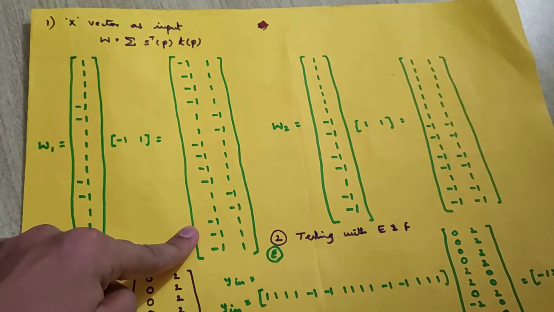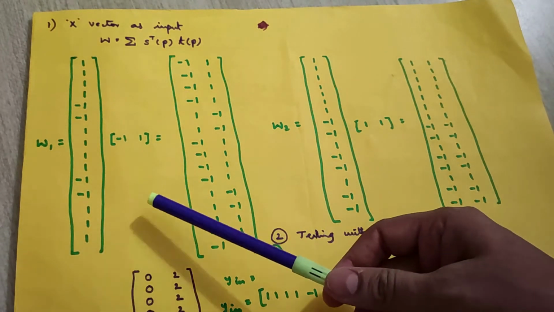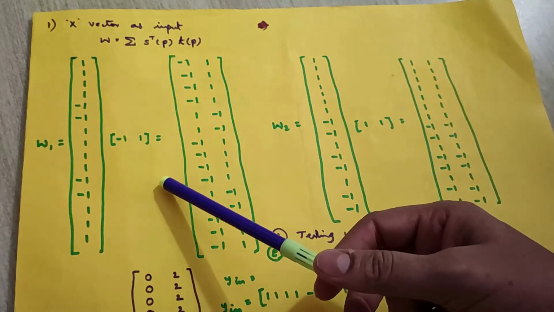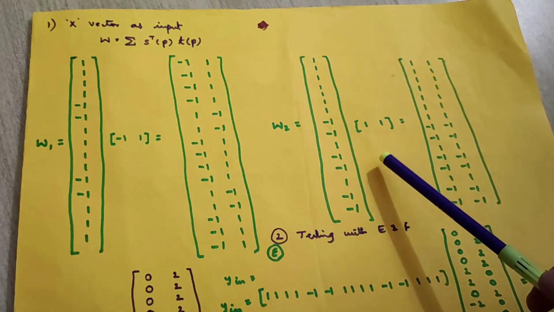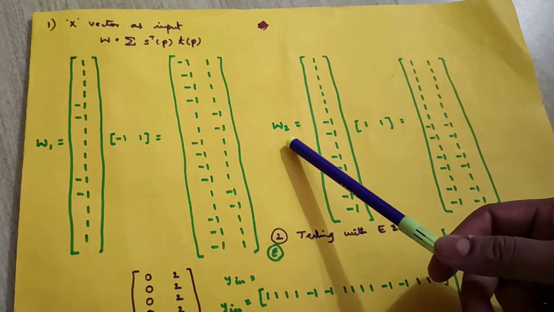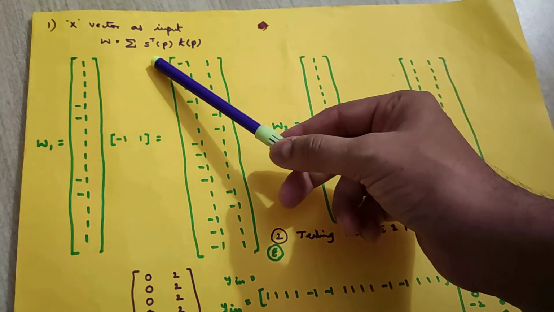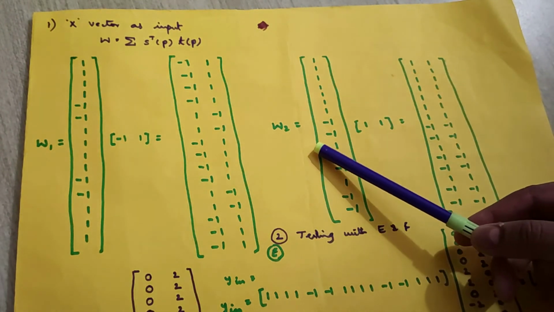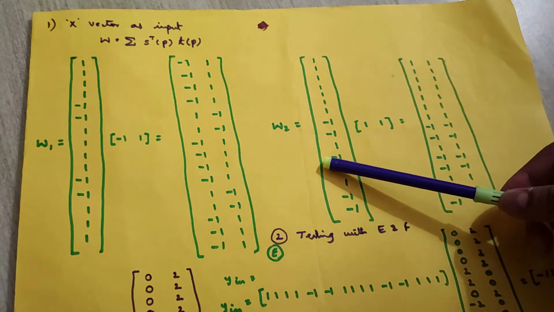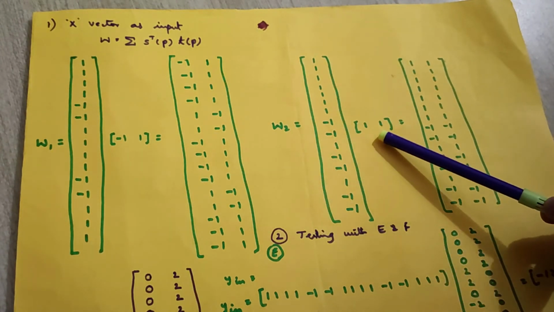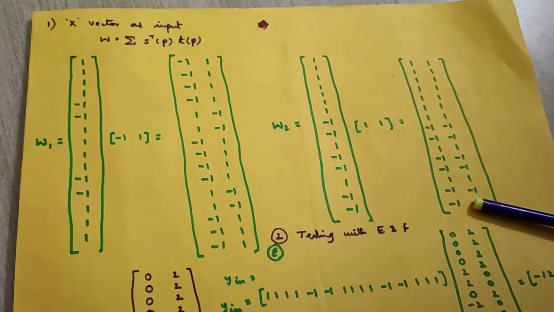This W1 is from the capital E pattern, and this is from the capital F pattern, where I need to find W2, which is equal to S transpose times T. This is related to the capital F pattern, and this is the target of capital F. By multiplying these two, we can get this matrix.